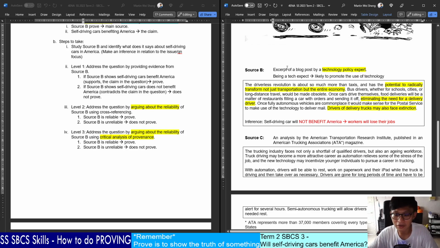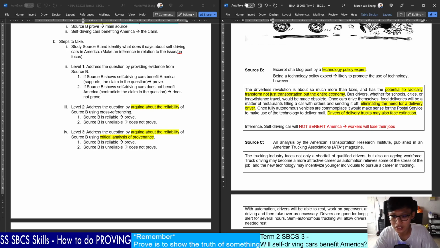However, what is this person trying to do here? Instead of promoting the use of technology, he is actually showing the negative impacts of it.